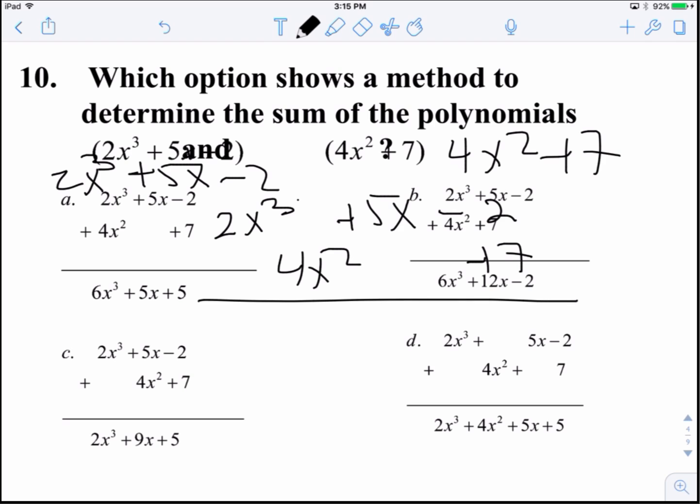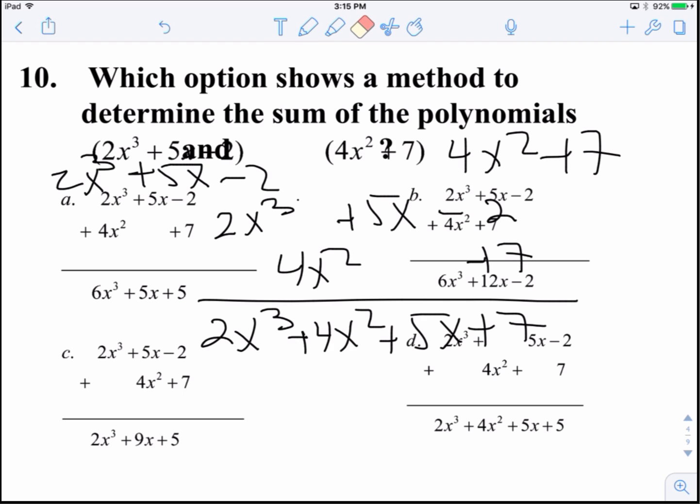So when we work this out, we have 2x to the third power plus 4x squared plus a 5x plus a 7. Oops, my mistake, not a 7. We have a negative 2 and a 7 here, so this gives us a positive 5. My mistake, so the answer is D.